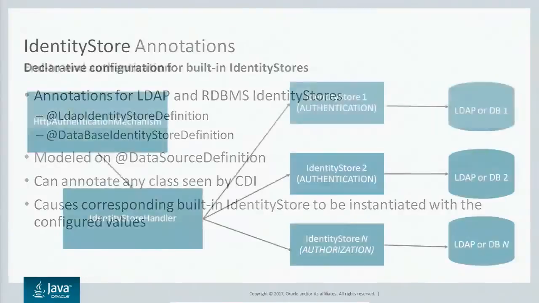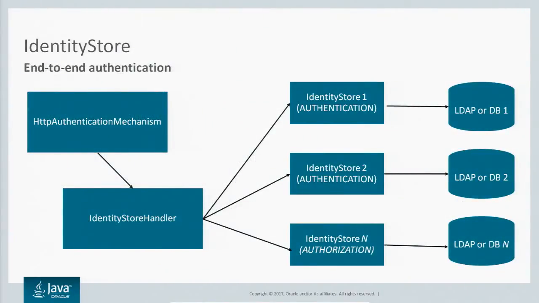Yeah. Mm-hmm. This one? Yes. Why do you have an arrow this way? Is it instead of doing it sequentially, like identity store one first, and then identity store two?